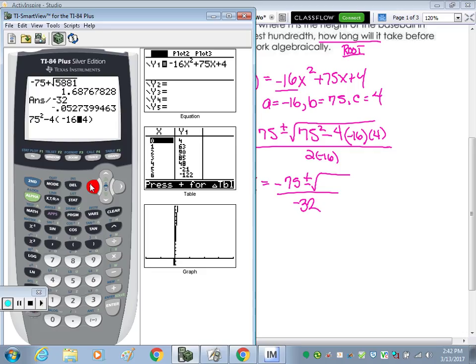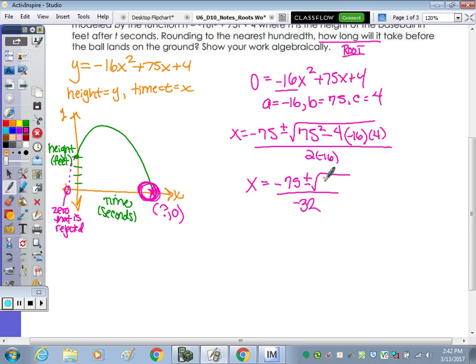Sarah, what'd you get? Yes. Now, this question says, rounding to the nearest hundredth, how long will it take for the ball before the ball lands and hits the ground? So rounding to the nearest hundredth, this is 5881.